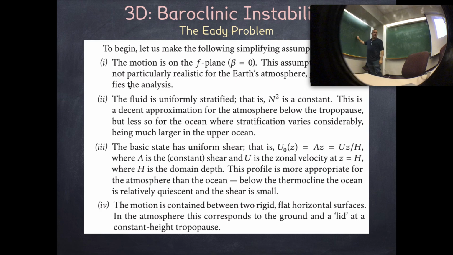And then these isopycnals might be sloped if N is bigger than M. And in fact, you can figure out that the slope, if the slope is rise over run, is dB bar dy over dB bar dz, which is M squared over N squared.